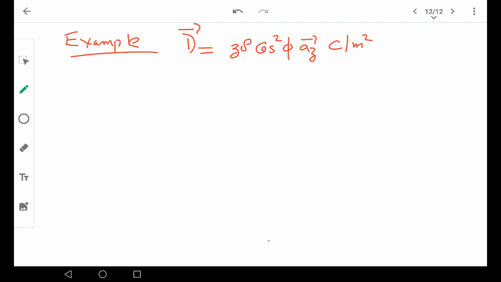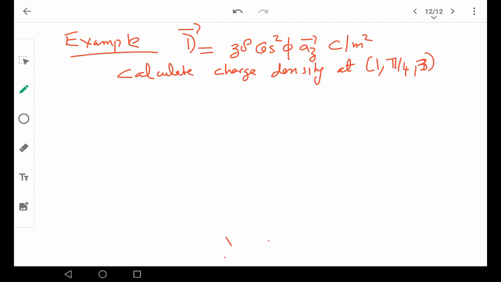You are asked to calculate the charge density at the point (1, pi by 4, 3). Remember, this is in the cylindrical coordinate system.